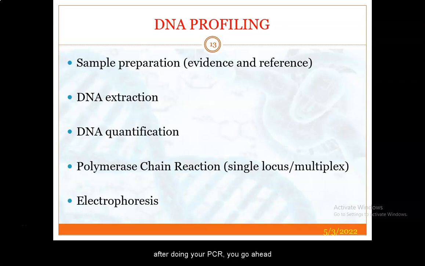After doing your PCR, you go ahead with electrophoresis. And after this electrophoresis, you can then get to know your DNA profile. So these are the steps in the DNA profiling process.